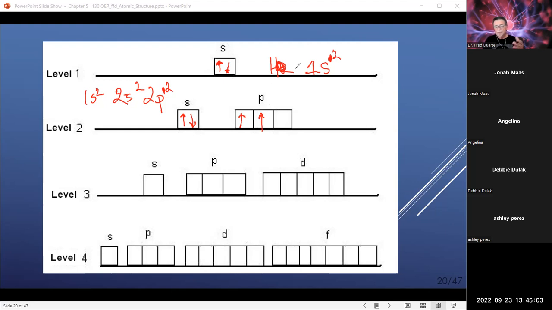Again, we fill the boxes up first with single arrows, single electrons, until they're all full, and then we start doubling up. So that's carbon. Then we go to nitrogen, which is the next one. And that p2 now changes to p3, and that's the electron configuration for nitrogen. We go to oxygen.